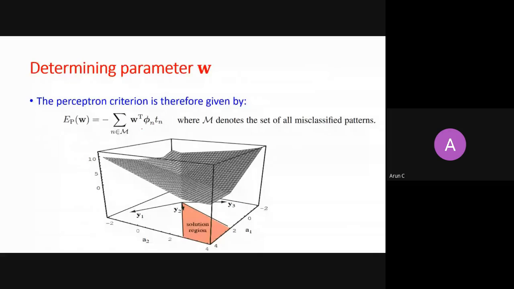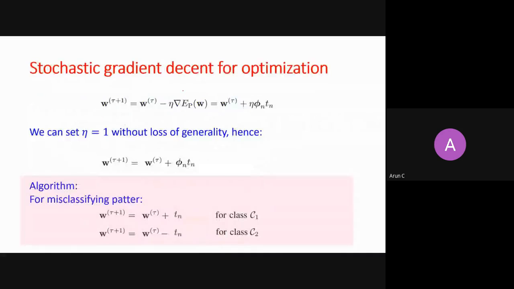If I take a derivative with respect to W, I will get only phi n, right? Here n is nothing but a sample. So if you take a derivative with respect to W, you get a negative phi n, right? You place the negative phi n, which is the derivative with respect to W. This negative and this negative will be positive, right?